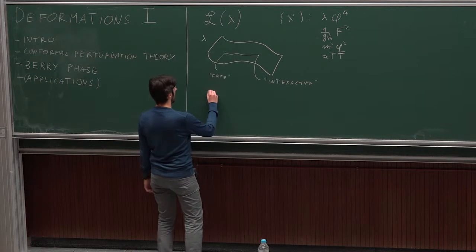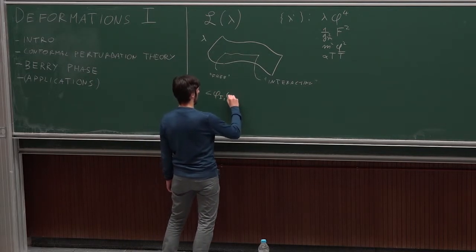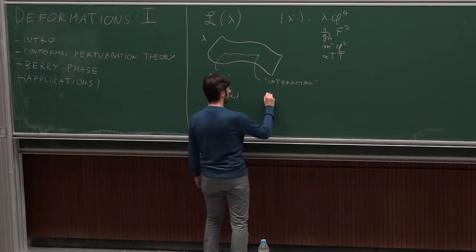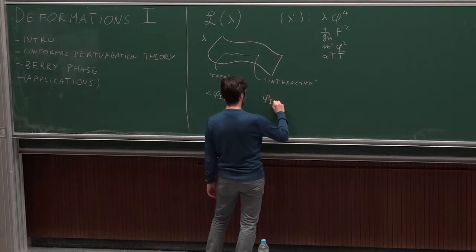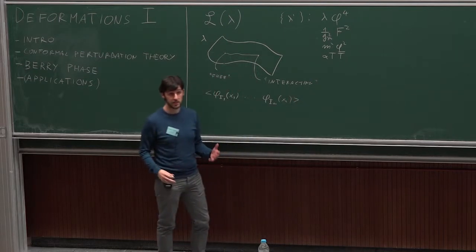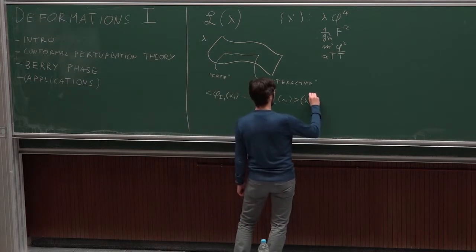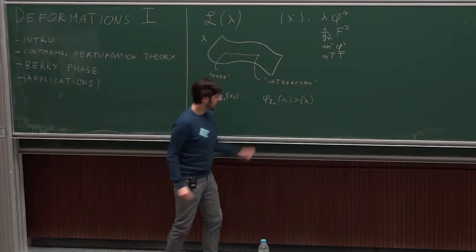So maybe you have a correlation function of local operators. And you would like to understand the coupling constant dependence of this correlation function. I write this.